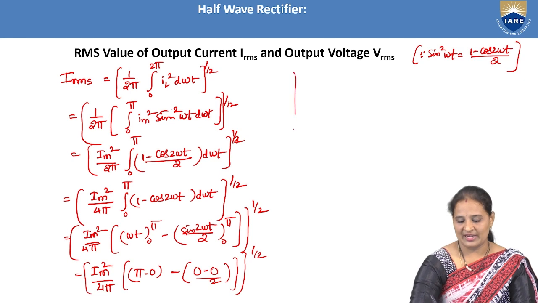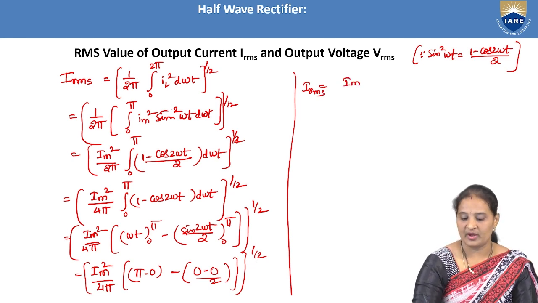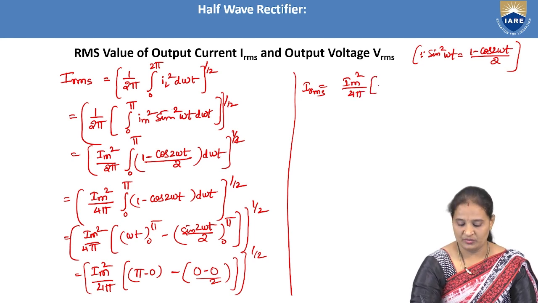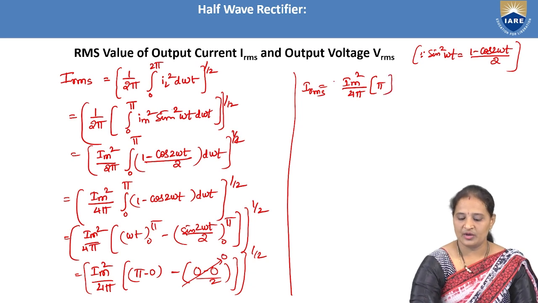So this is IRMS. Im square divided by 4 pi into pi, because all this becomes 0, to the power of 1 by 2.